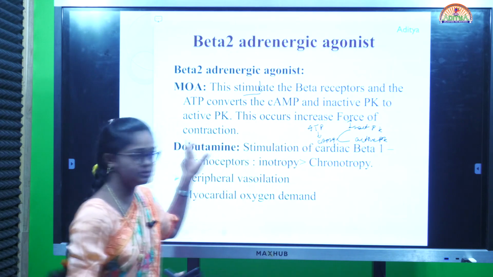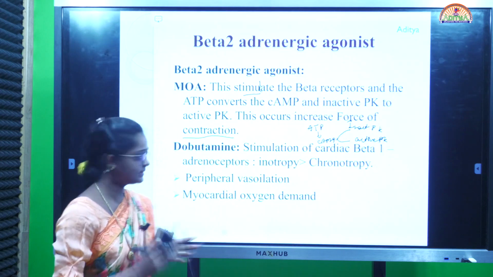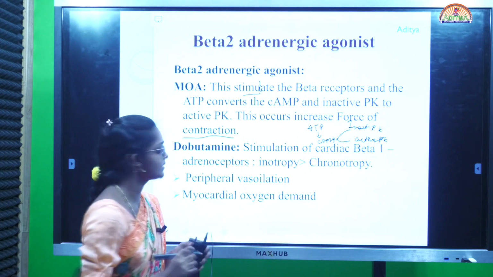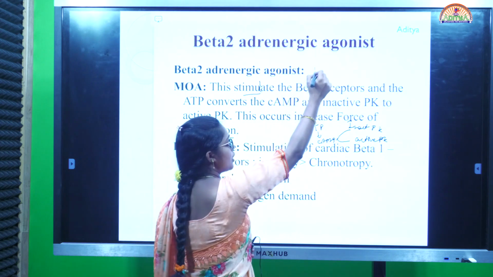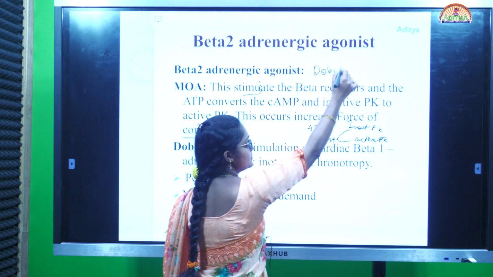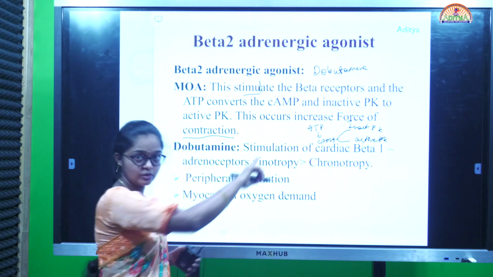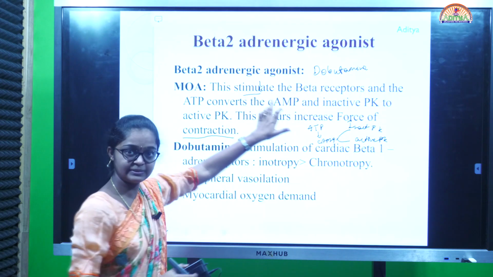This increases the force of contraction. Drugs among beta-2 adrenergic agonists include dobutamine and dopamine. These are the main drugs. Agonist means which will stimulate.